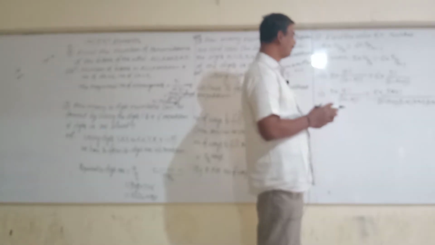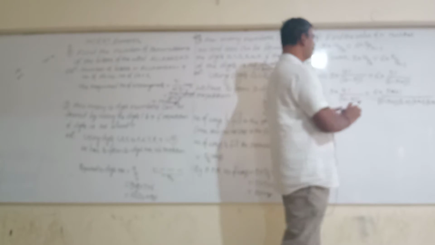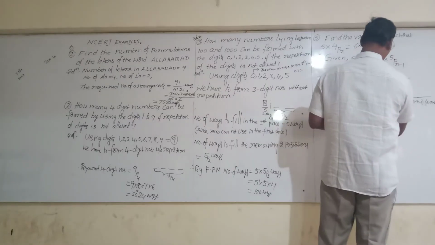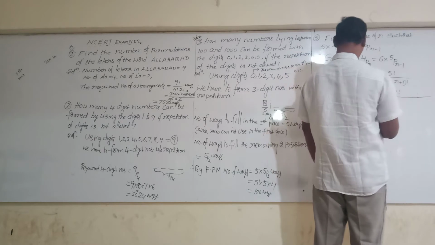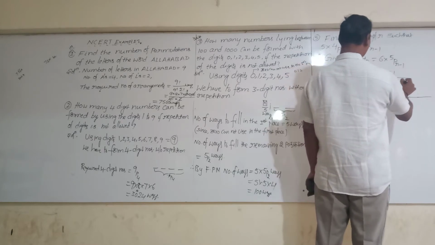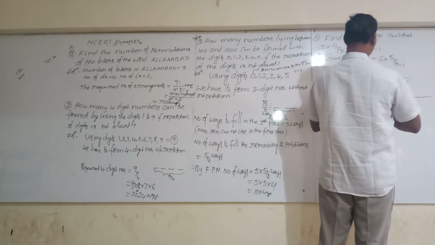Now simplify this one. If you feel any difficulty here, simplify directly. 6 minus r plus 1, nothing but this value.